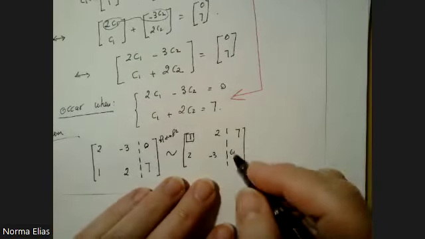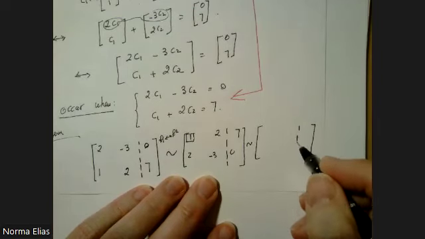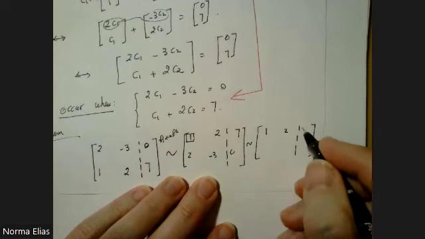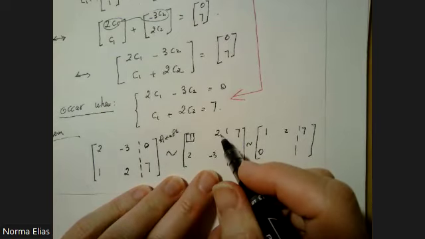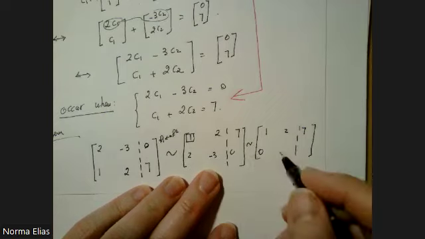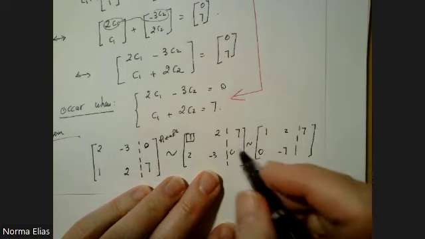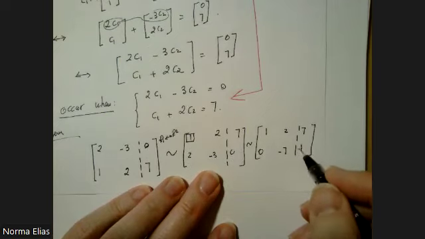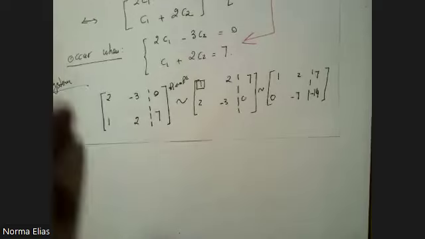And then I have to create 0 beneath it. So this will give me the following: 1, 2, 7; 0, -2 plus 2 is 0, -2 minus 4 is -7... sorry, minus 3 minus 4 is -7, and minus 7 plus 0, sorry, minus 14. So I can stop here if I want.